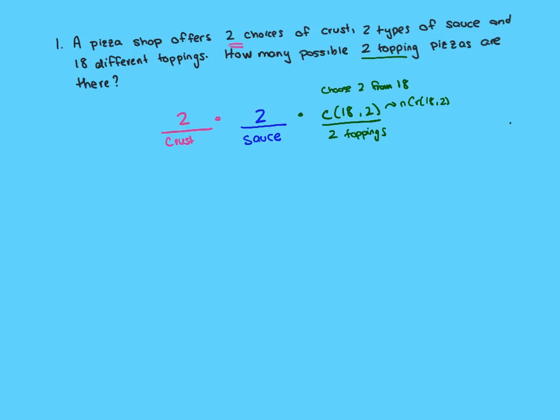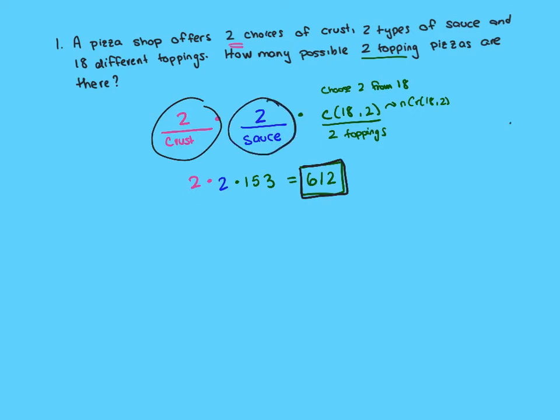So I get 2 times 2 times 153, and that gives me 612 total options. Right, so here, the crust and the sauce were sort of different individual choices I needed to make. But then out of those 18 different toppings, I needed to choose 2. So I had to use my special choose binomial coefficient there.